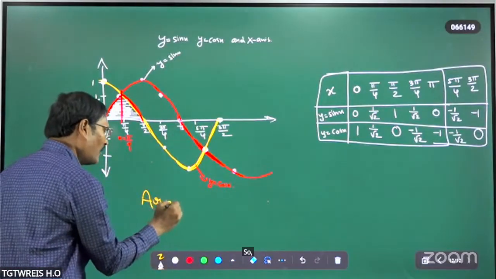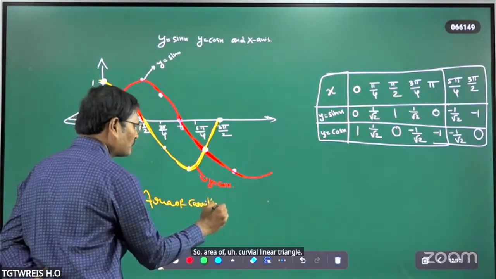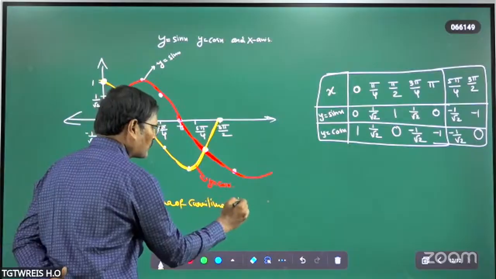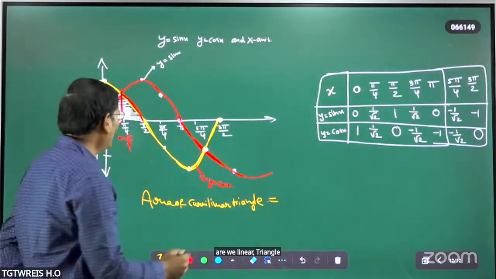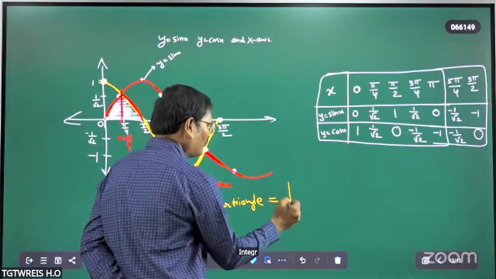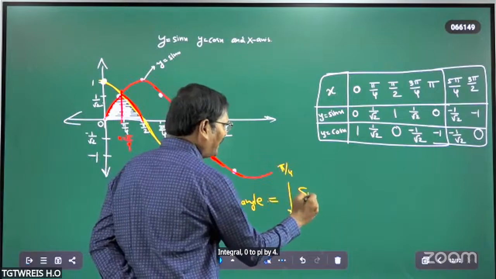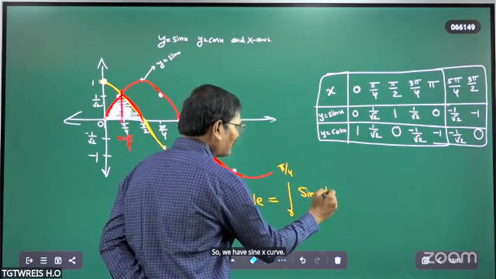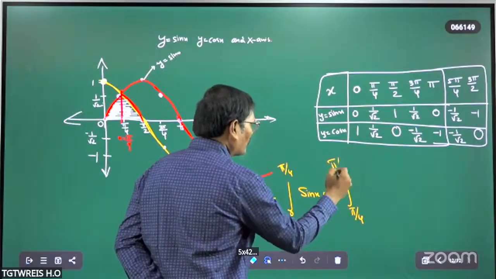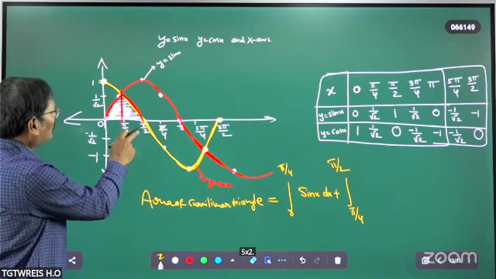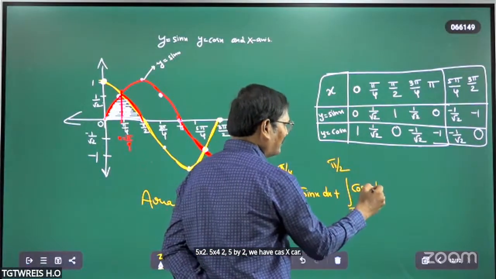So area of the curvilinear triangle is equal to the integral from 0 to pi by 4 of sin x dx, plus the integral from pi by 4 to pi by 2 of cos x dx.